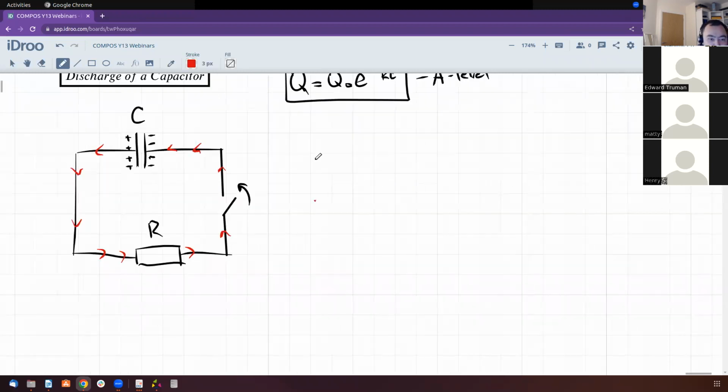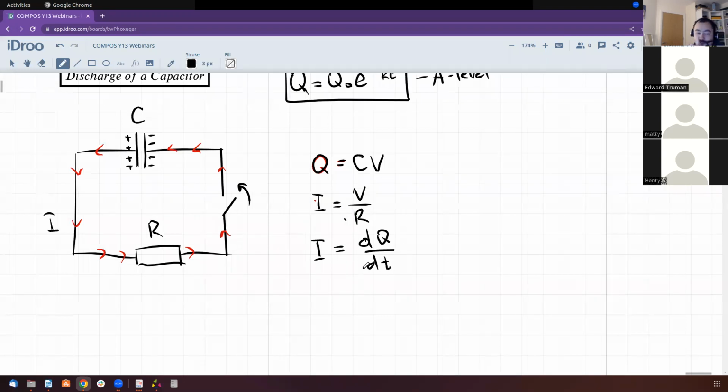Now, the first thing that we know: the charge on the capacitor is C times V, the voltage on the capacitor. We also know that the current is equal to voltage divided by resistance. That's Ohm's law. And we also know that the current is the rate of flow of charge, charge over time.